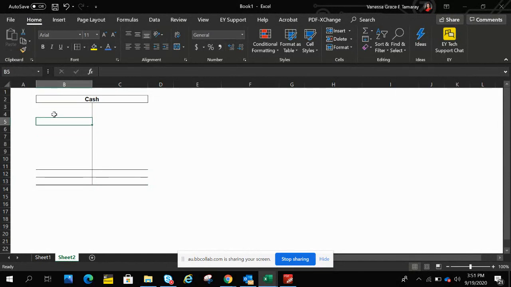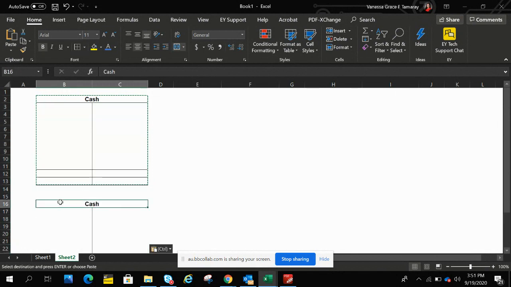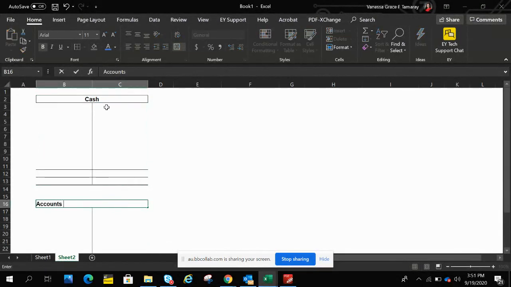So, dito lahat ng asset. And dito naman liabilities. Assets. Liabilities. Ano ba yung nasa liability? Cash. Accounts payable.